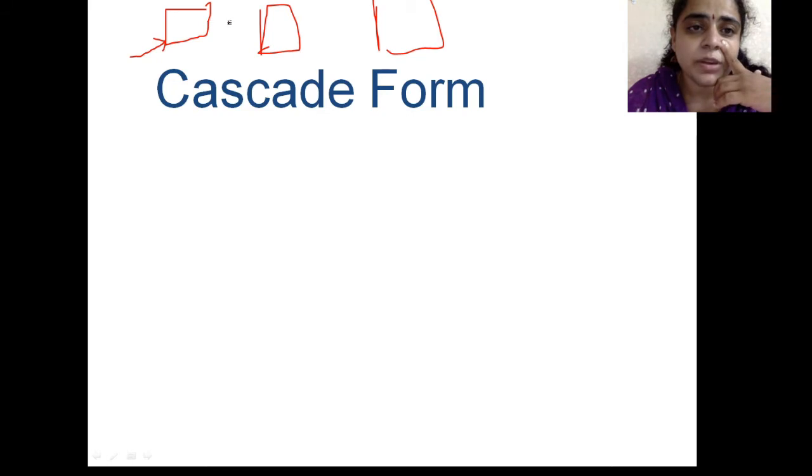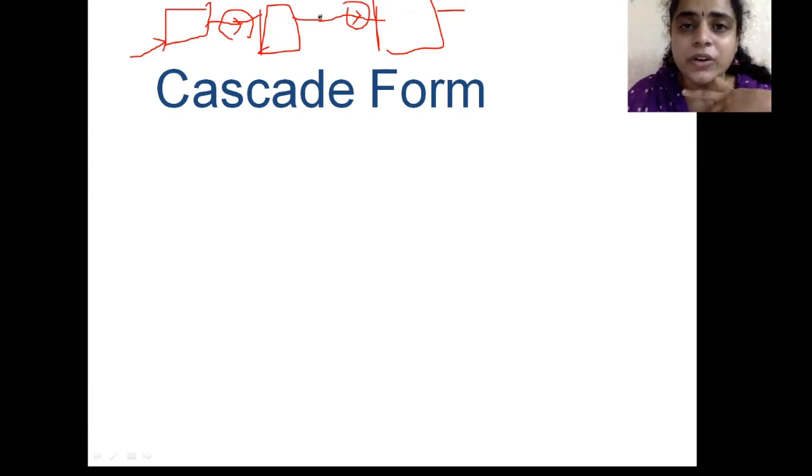For each and every block there will be an input and an output. So the first block output is connected to the second block input, and the next block output is connected to the next block input. Like that, for each and every block there should be a chain-like connection. This is called the cascade form.